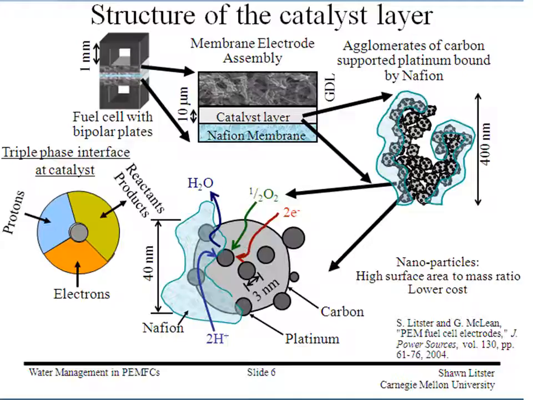If your oxygen starts dropping and water vapor starts increasing, you're going to start losing voltage. So really what you need is a triple phase, or you can call it a quadruple phase. You've got to have a point where electrons and protons can meet, and reactants need to be able to come in and out also.